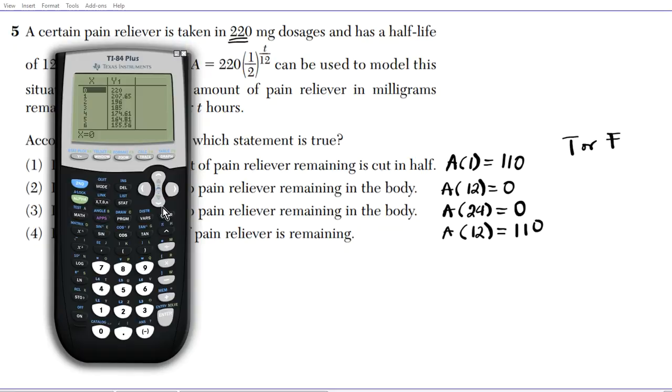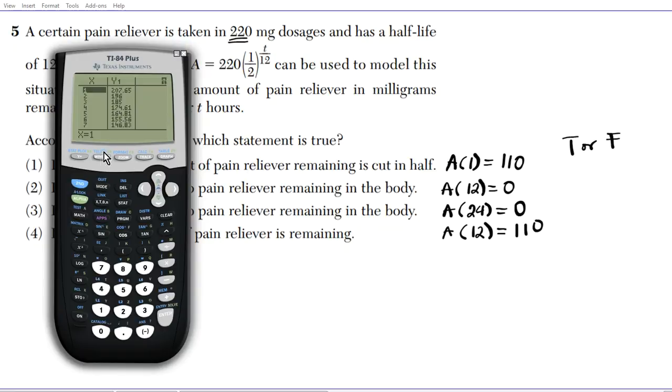Now you see that values are already provided for us. So you can just scroll to see if it's right or wrong, or if you want to jump right to a specified output with an input that you desire, you can reset the table format.